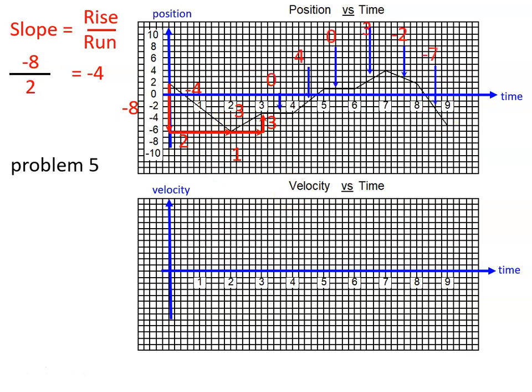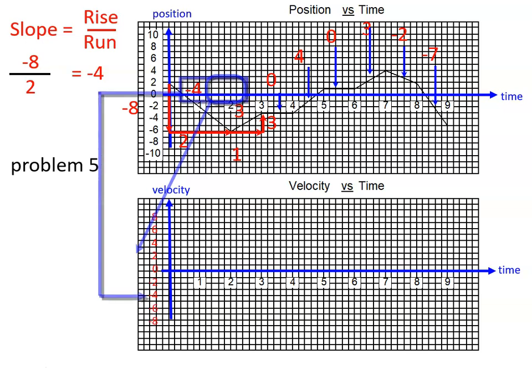And we can do the same thing for the rest of the graph. Now that we have written down our slopes for each of these line segments, and we know that each of these slopes is a constant slope throughout that time period, we can now graph the velocity.